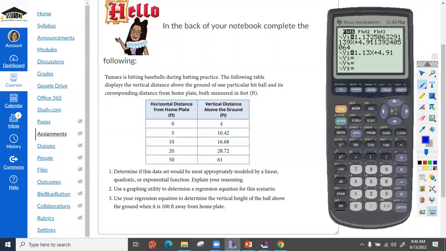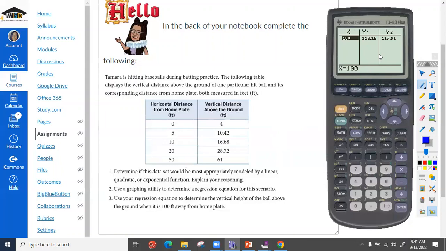Okay. All right. And then after I did that, it says, okay, approximate 100 feet. Did I want to scroll all the way down to 100 feet? No. So we went second window and we switched our independent from auto to ask. And then I hit second graph and went to the table and typed in what I wanted.